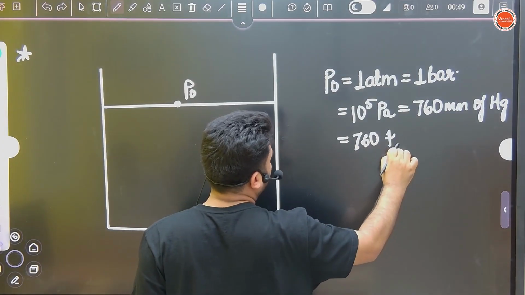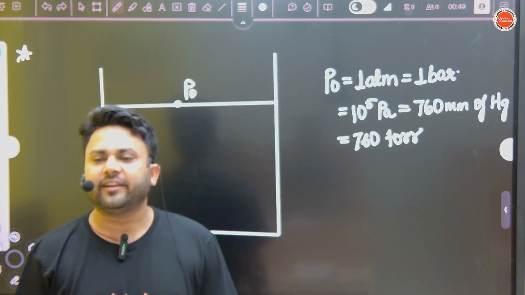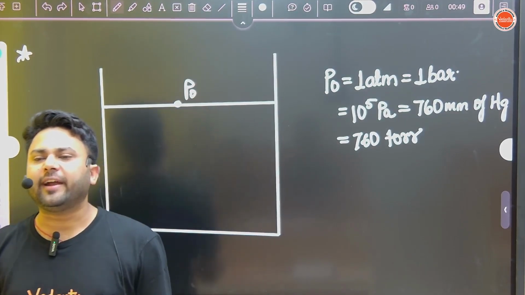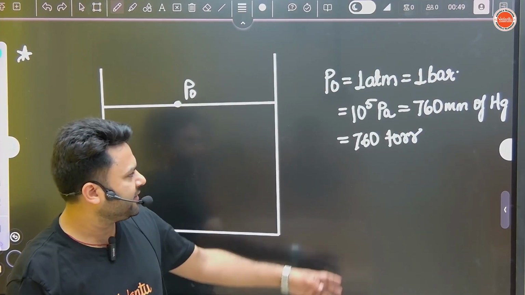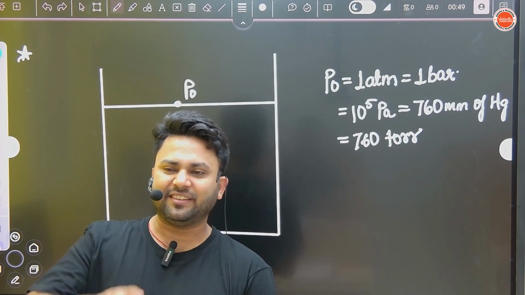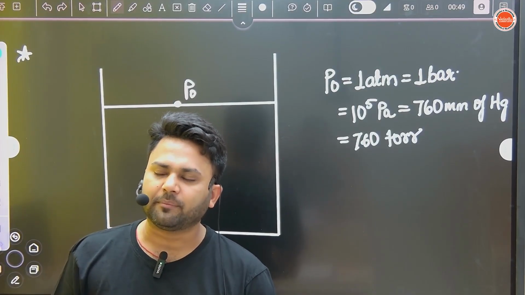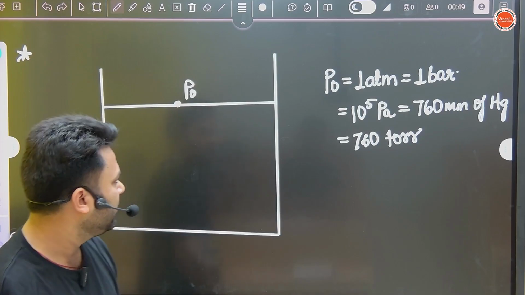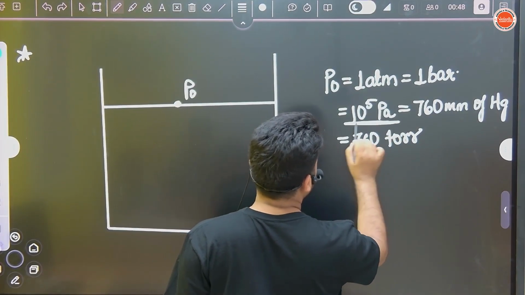Means if they give you in the question 760 torr, don't get terrified. Means they are talking about atmospheric pressure, 1 atm. Correct? If they give pressure is 760 millimeter of mercury, means if you take 760 millimeter of mercury, how much pressure will it exert? That is 1 atmospheric pressure. Okay, 10 power 5 Pascal. This is the SI unit of pressure.